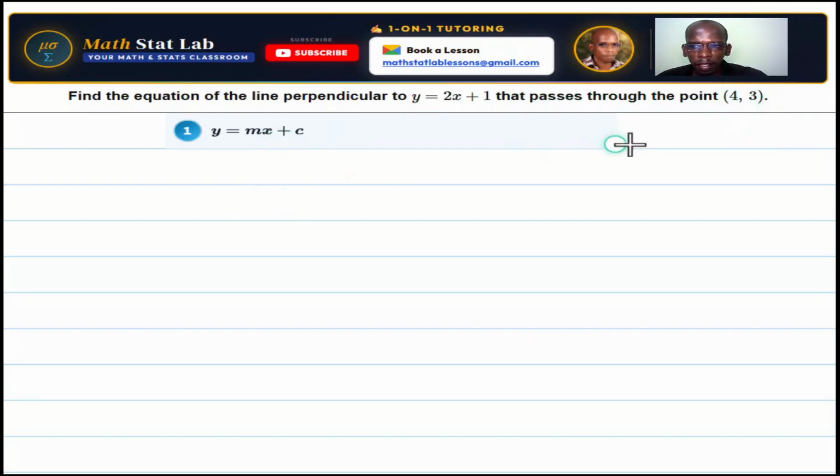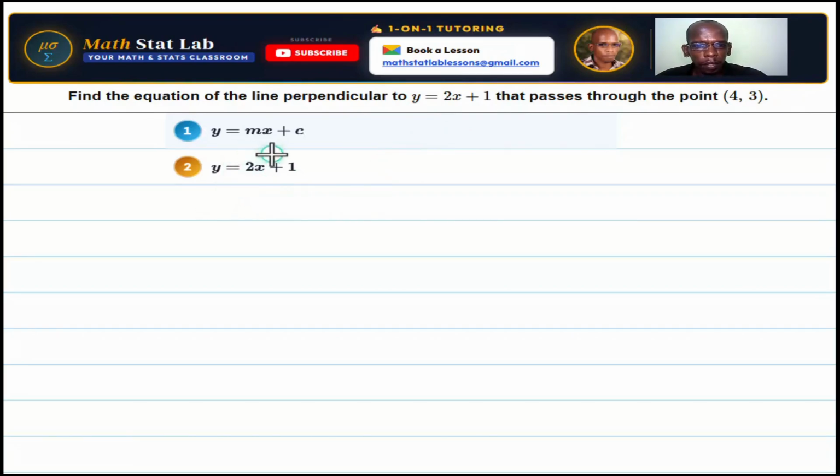So y would be equal to 3, and x would be equal to 4. Then we can write our original equation, y = 2x + 1, which we are given. We don't need to develop it.